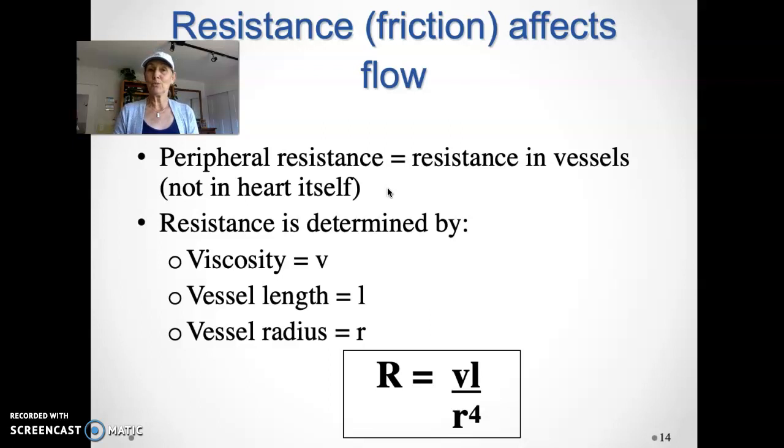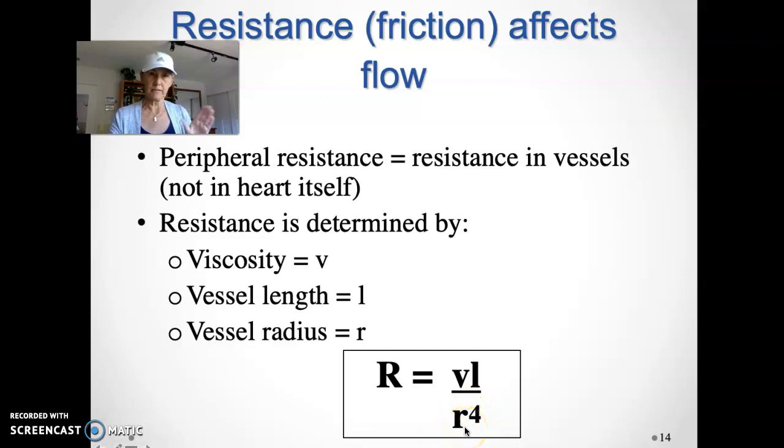But what about vessel radius? Vessel radius is gigantically important, right? If you have the narrowing of that vessel, it's going to be so much harder to get fluid through that straw. If it's broader, it's going to be so much easier. Actually, the resistance in the formula is the viscosity times the length divided by radius to the 4th power.